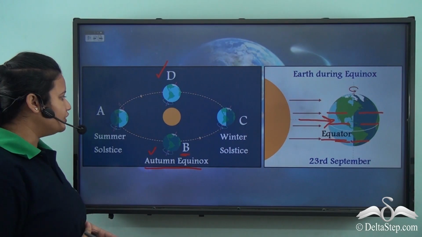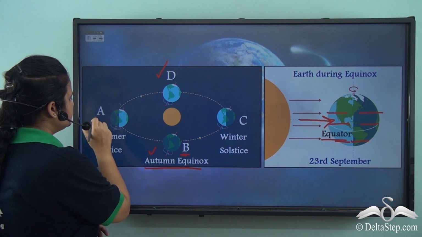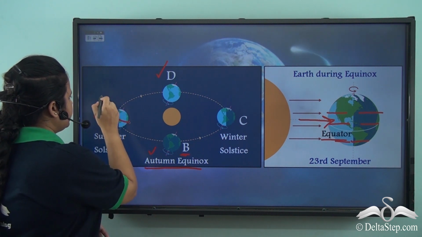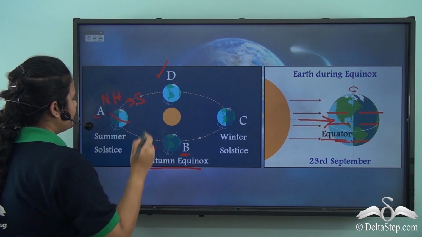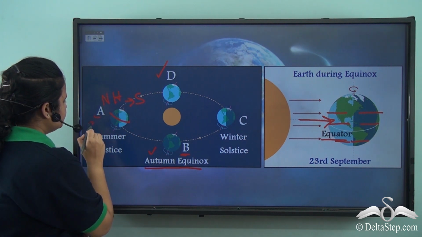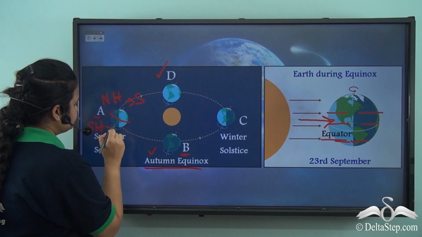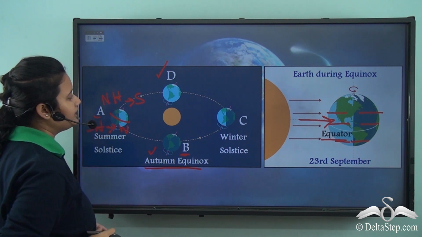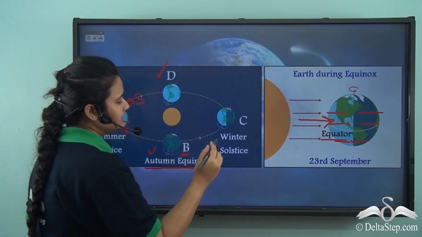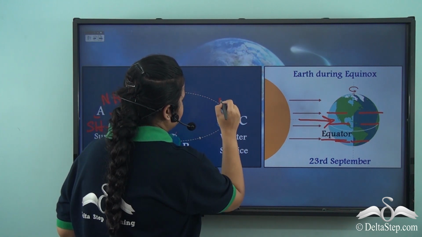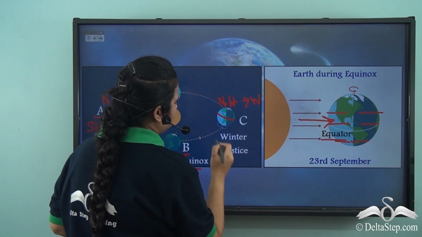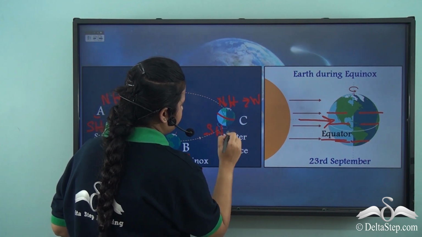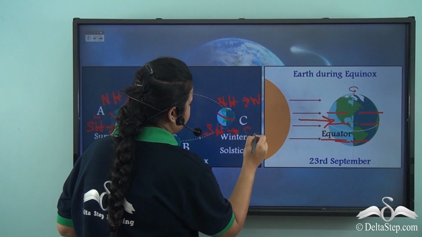Well, this is because we know that at position A, the northern hemisphere experiences summer, whereas the southern hemisphere experiences winter, while at position C, the northern hemisphere experiences winter, whereas the southern hemisphere experiences summer.